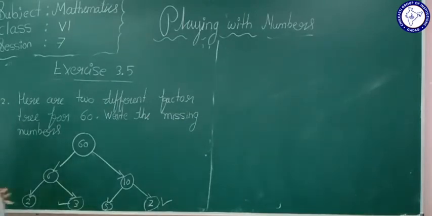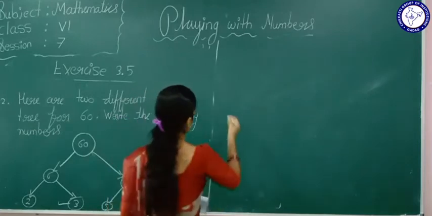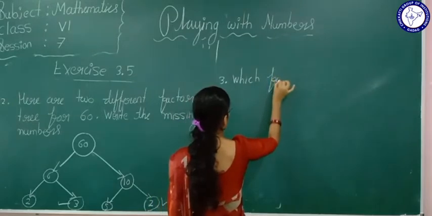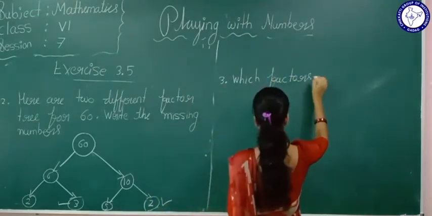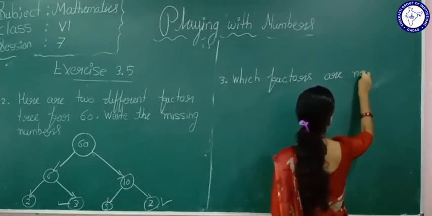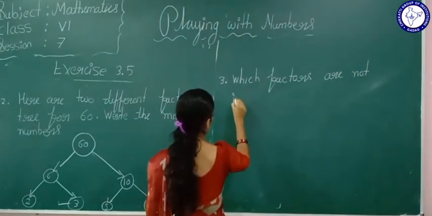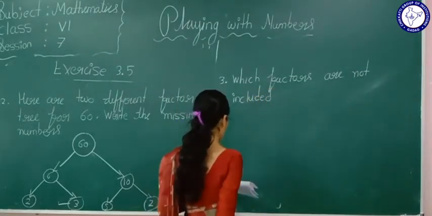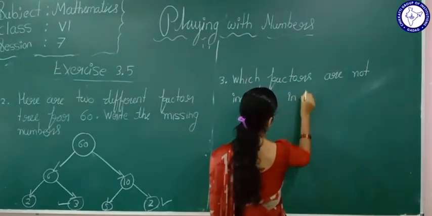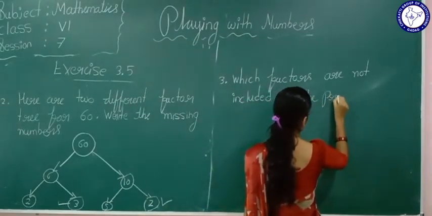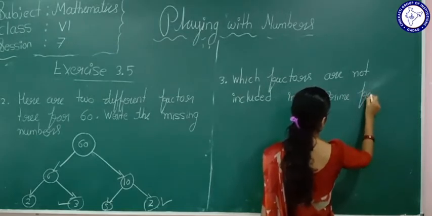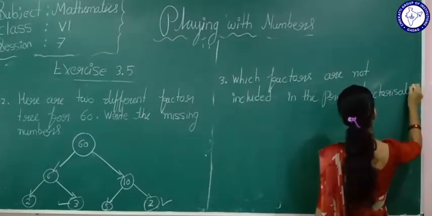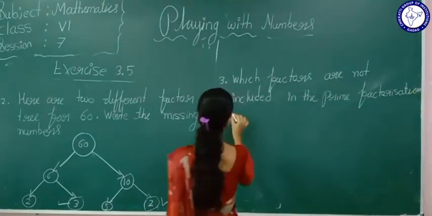Now see the third one. Which factors are not included in the prime factorization of a composite number?